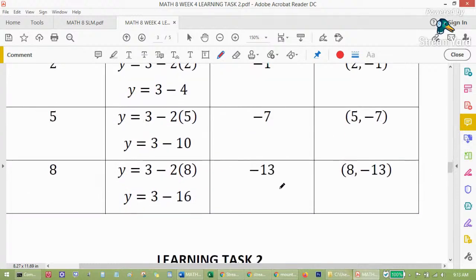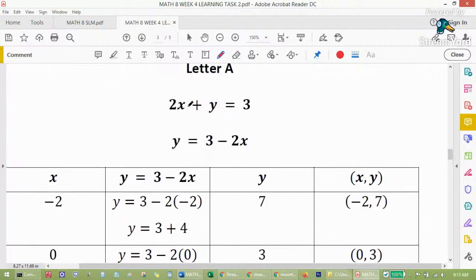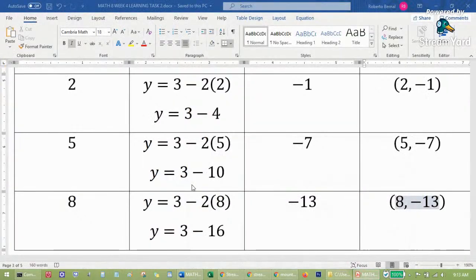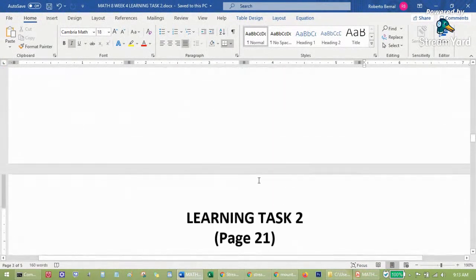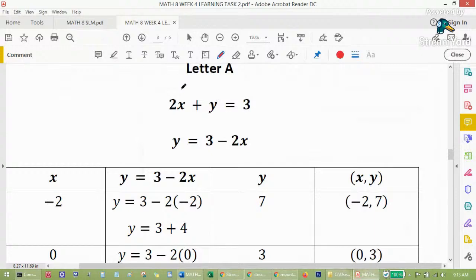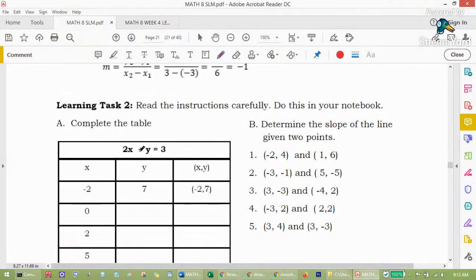Okay, so pag ginraph mo yan, let's say, kunin natin tong equation na to. Okay, ito yung ginawa natin, no?